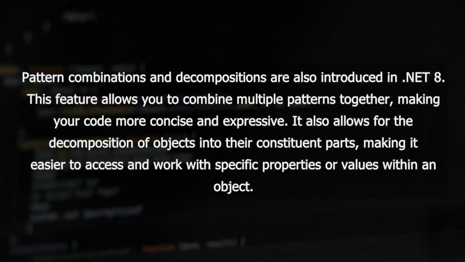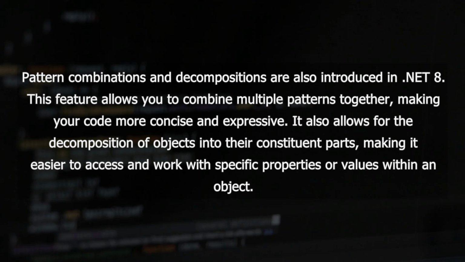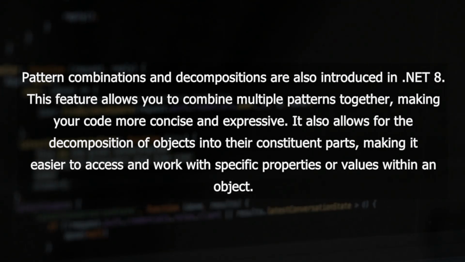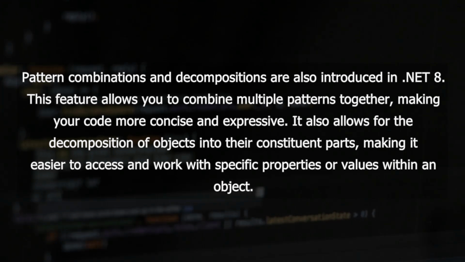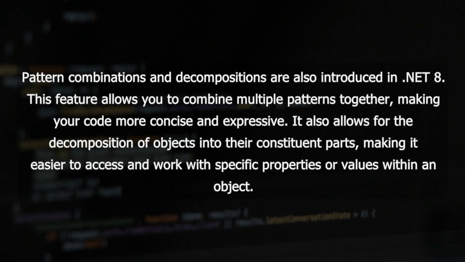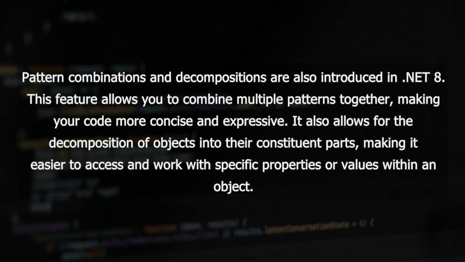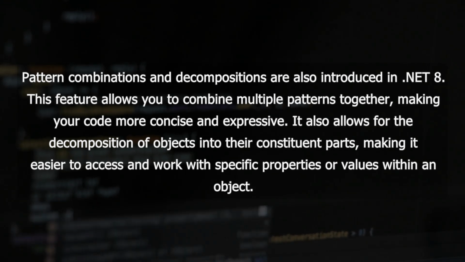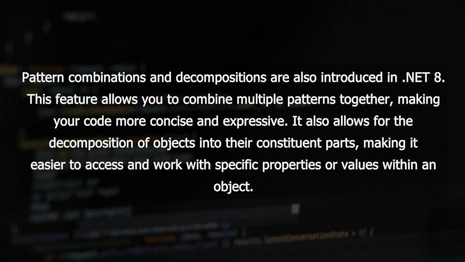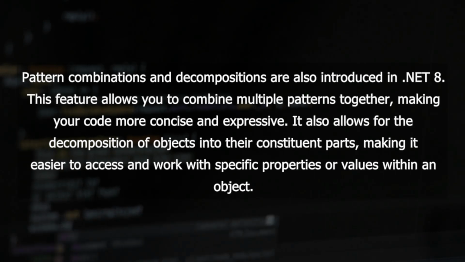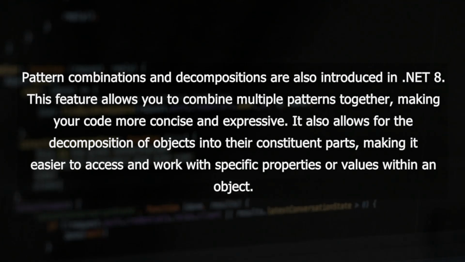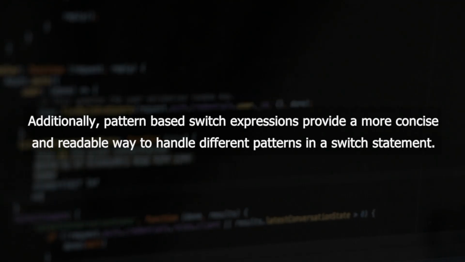Pattern combinations and decompositions are also introduced in .NET 8. This feature allows you to combine multiple patterns together, making your code more concise and expressive. It also allows for the decomposition of objects into their constituent parts, making it easier to access and work with specific properties or values within an object.